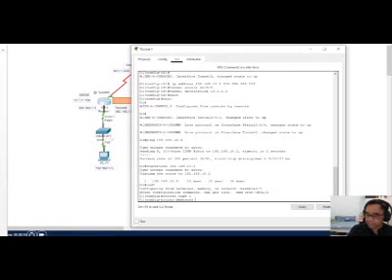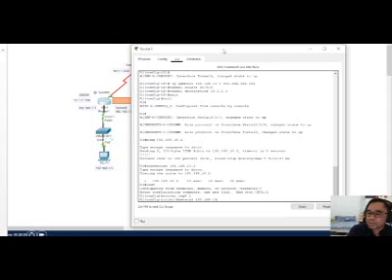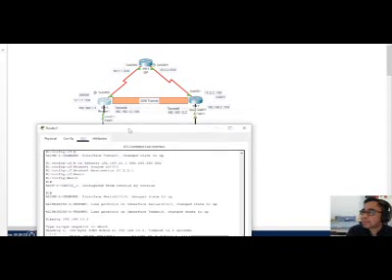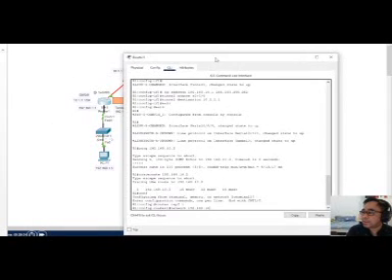That okay. 192.168.10. Is it 1.0? The 10 is 0. That's 0.0.0.255 area 0.